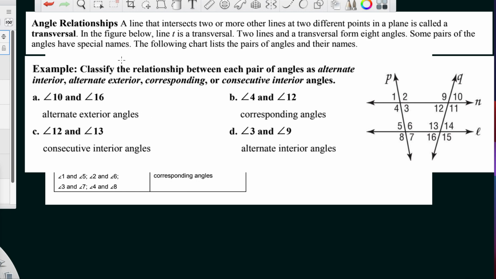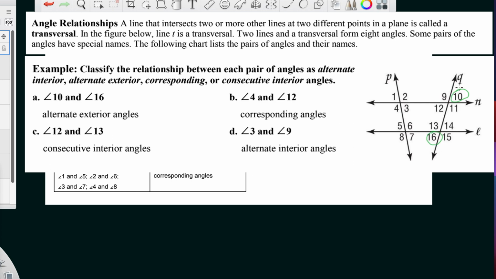But let's go ahead and see what this example says. Classify the relationship between each pair of angles as alternate interior, alternate exterior, corresponding, or consecutive interior angles. So the cool thing is they say, hey, what's the relationship between 10 and 16?